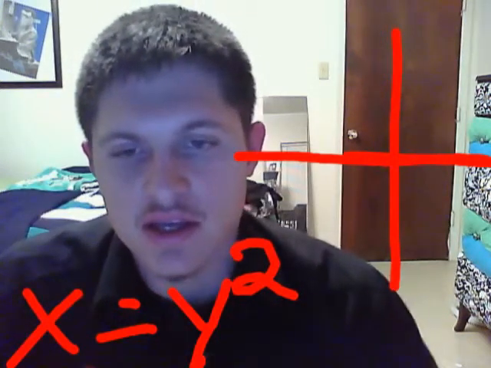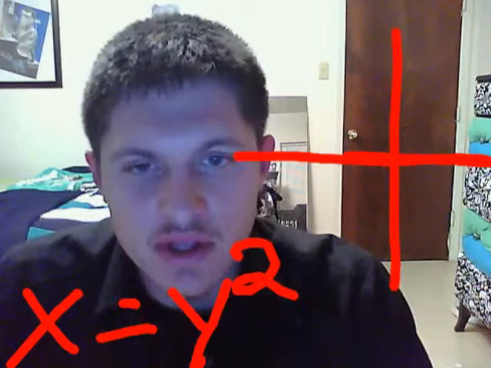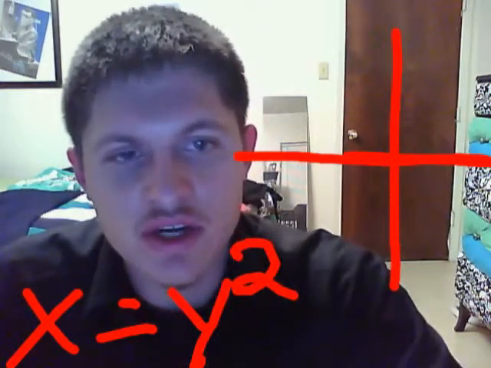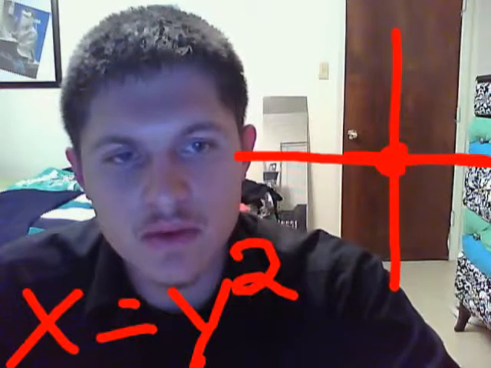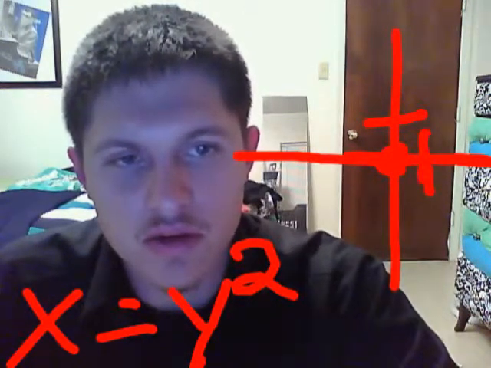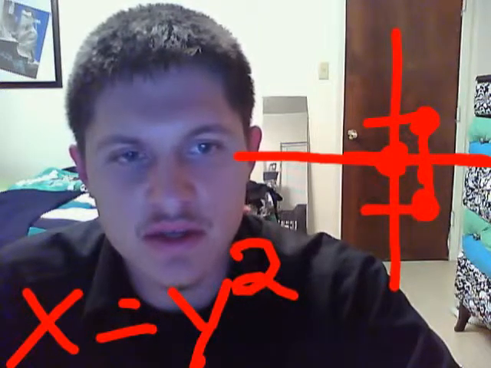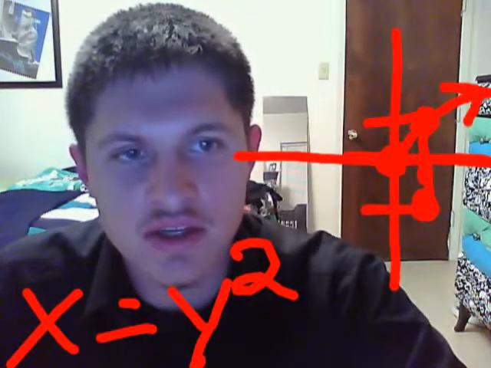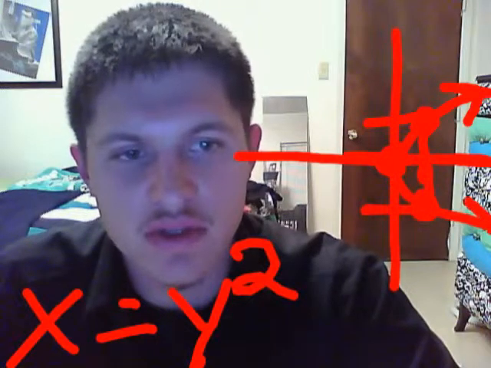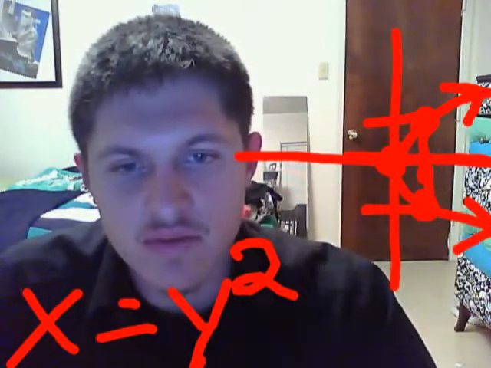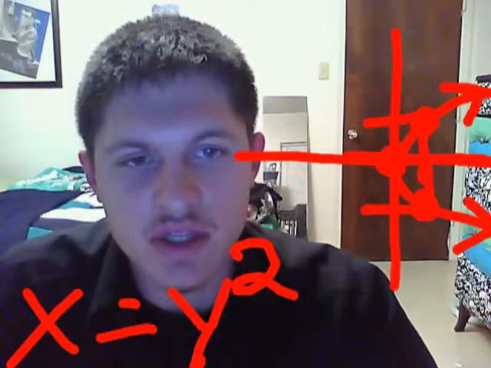Because it is positive, the parabola opens to the right and would start at the origin and go 1 point away on both sides and continuously go in that direction. If it was a negative y, then it would go to the left.